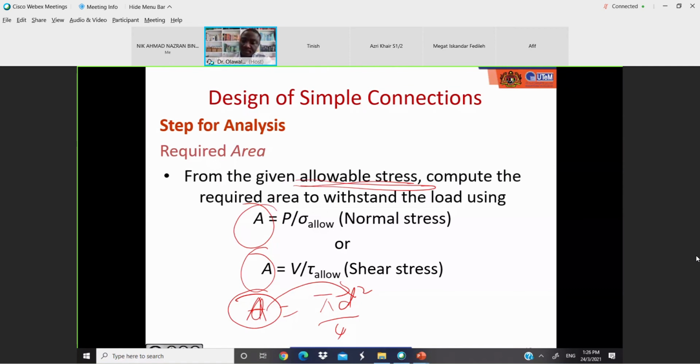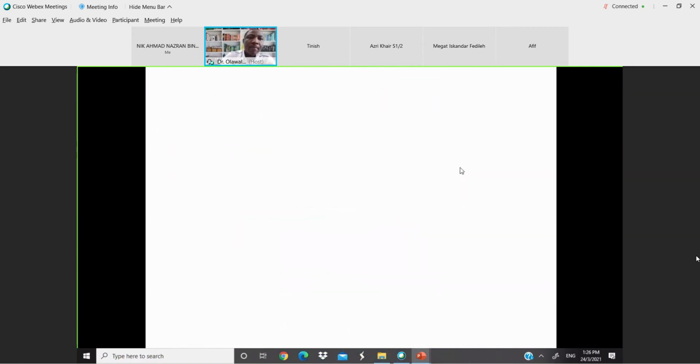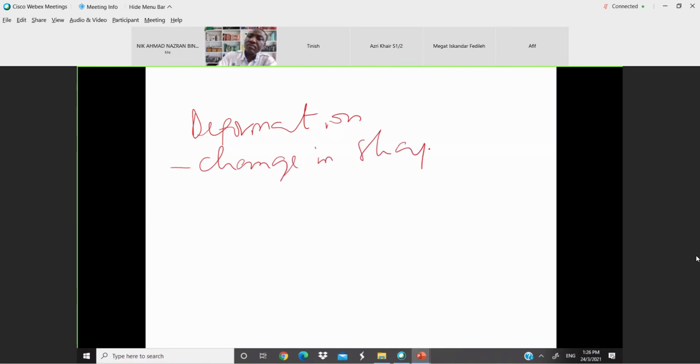Deformation is change in shape and change in size.